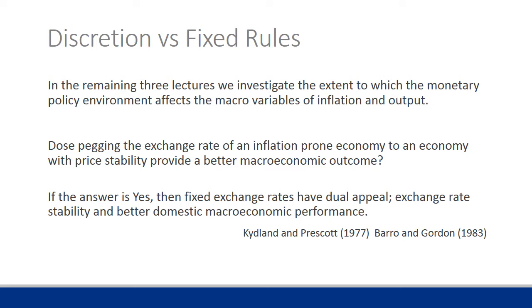One of the questions we'll ask is, does pegging the exchange rate of a high inflation economy to a low inflation economy give us a better macroeconomic outcome, i.e. lower inflation? And if the answer is yes to that, then there are two reasons why we should adopt a pegged exchange rate. One being that the exchange rate is less volatile, and the other is that we have better macroeconomic performance in terms of lower inflation.